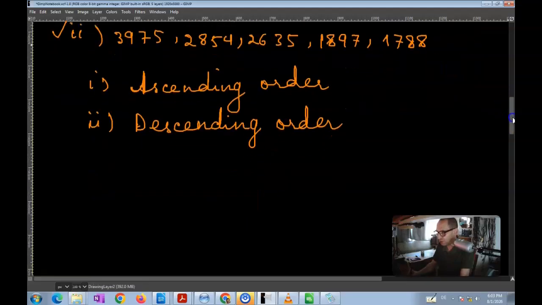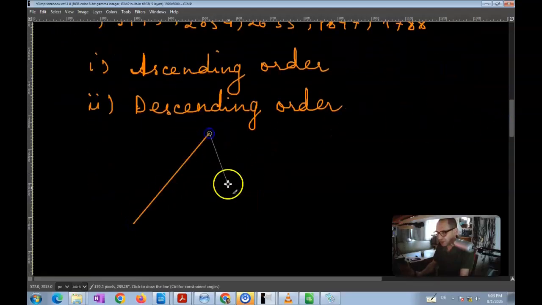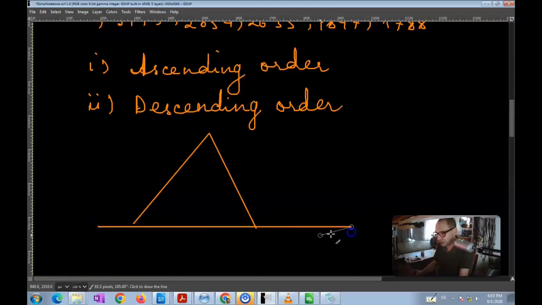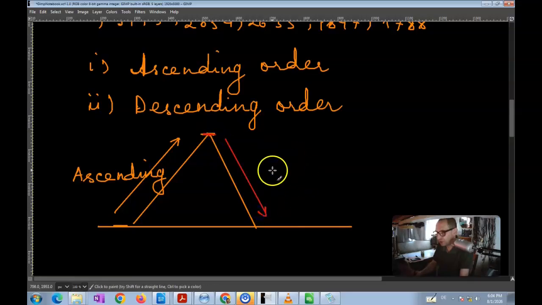The word ascend itself, you can think of a mountain. Suppose that this is the top of the mountain, this is the base of the mountain, and when you're going to the top of the mountain, you are ascending the mountain. When you get to the top of the mountain and you're coming down, you are descending the mountain, right?